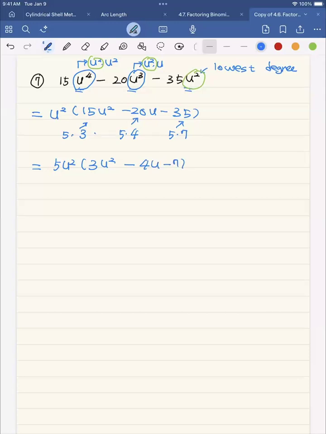And then we apply the same method. So that's 3 times 1. And if we write 7 here, then 3 times 7 will be 21, so it's too big. So I would write 7 here and 7 times 1. We do cross multiplication, then that'll be 7 and 3.